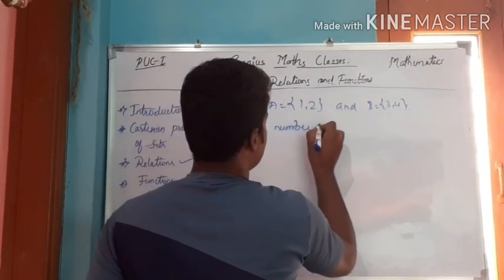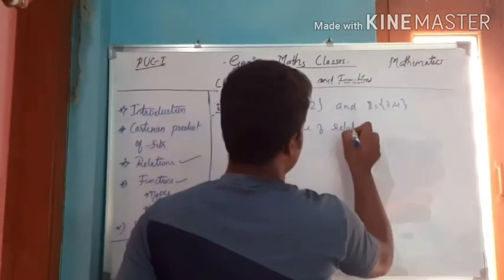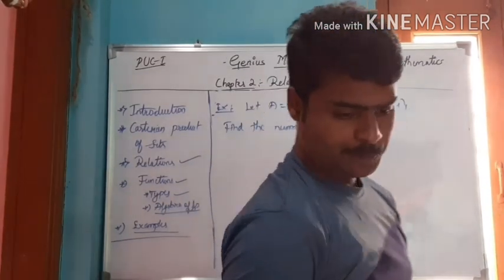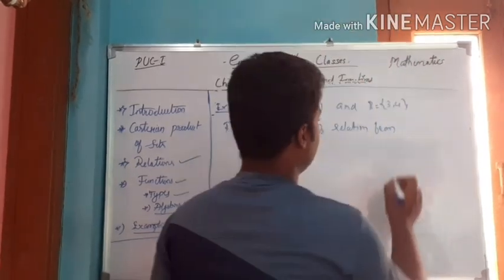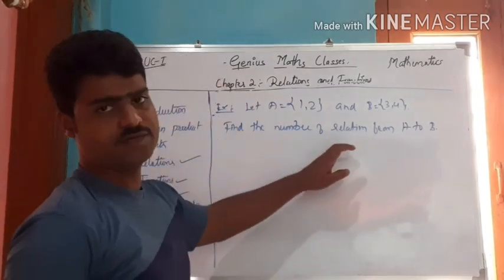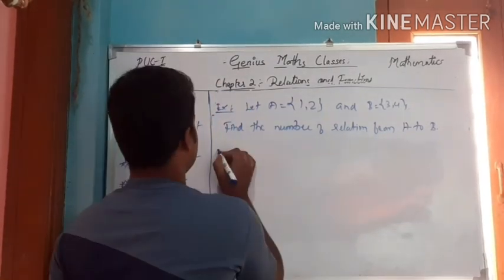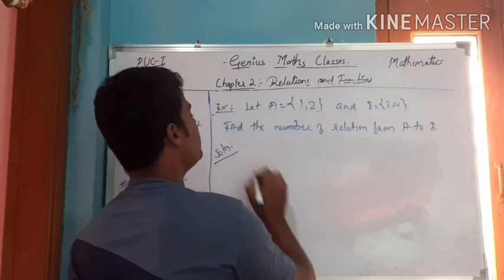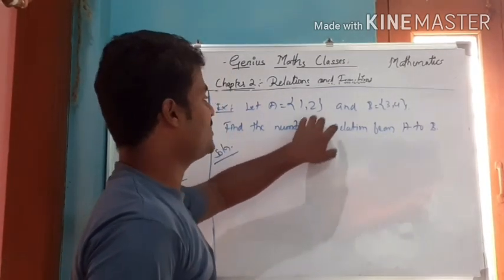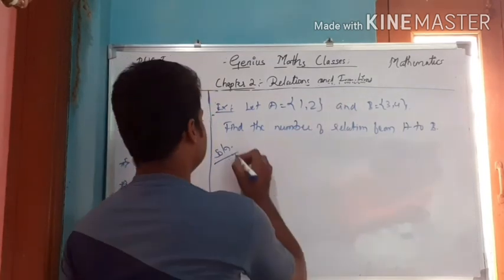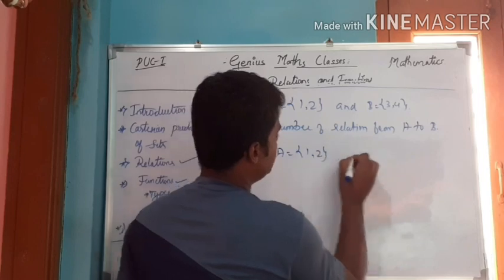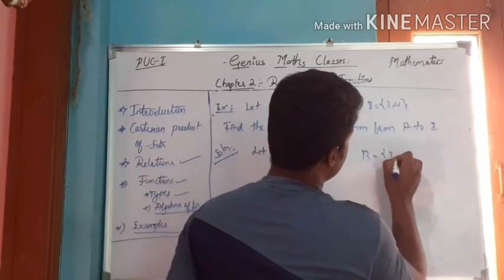Find the number of relations from A to B. The solution is, in order to find the number of relations, we must find the number of elements in the Cartesian product. So let A equal {1, 2}, B equal {3, 4}.